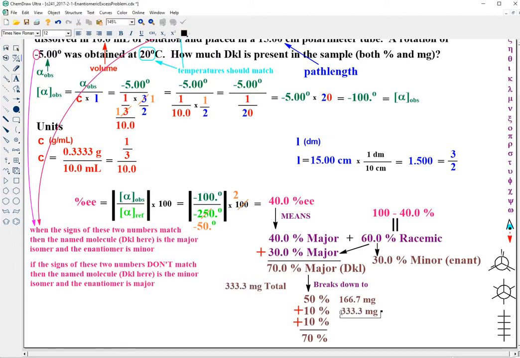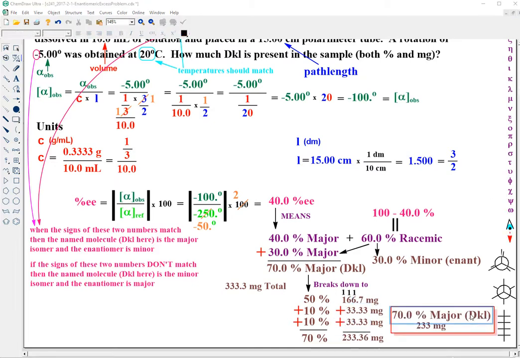You take the total, slide the decimal one, and you have 33.33, and another 10%. Do that again, and then do your long addition. And you have 233.36 milligrams of doclalium. So 70% corresponds to 233 milligrams with 3 sig figs, and our final answers are in our box here. Congratulations, you're done.